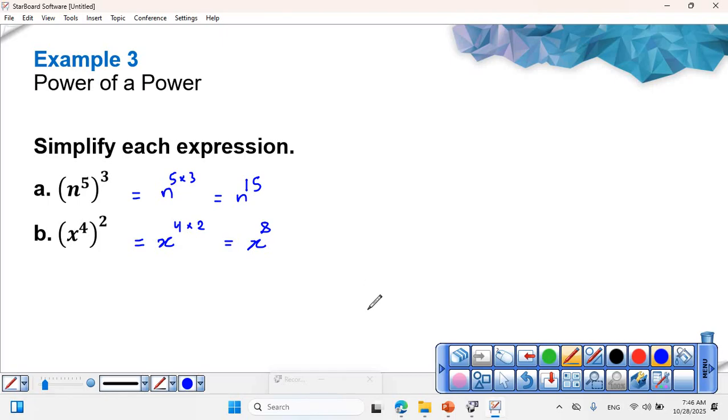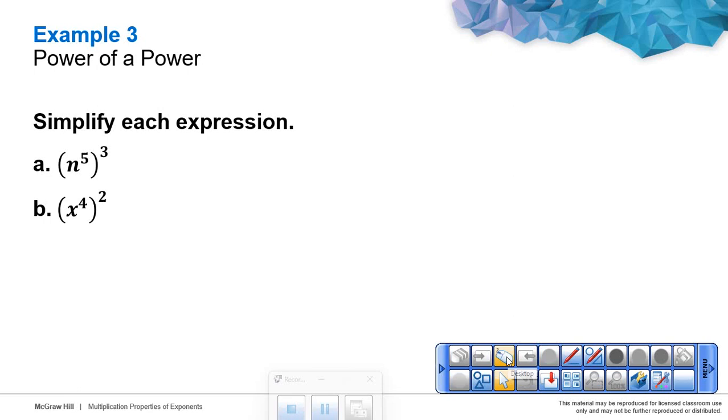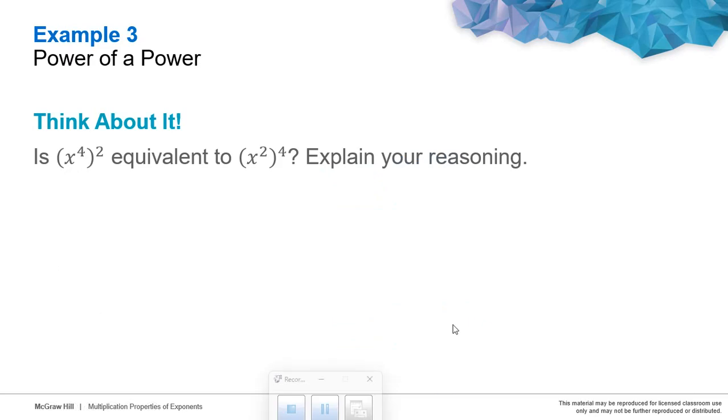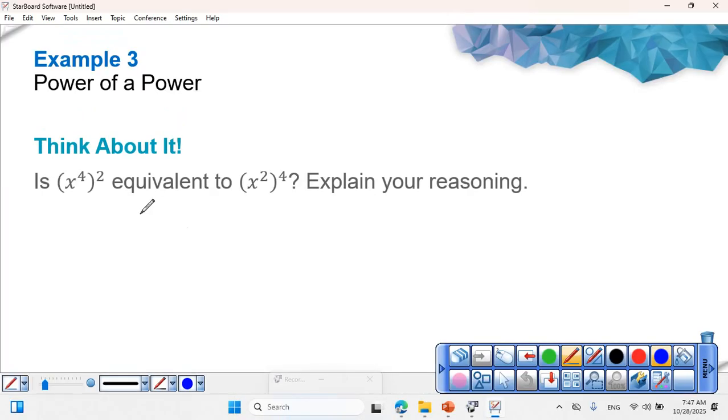Okay, let's move to the next. As you see here, what do you think about this? This question: is x to the power 4, to the power 2 equivalent to x squared to the power 4? Explain your reasoning. The same, I think. This is because the multiplication is what?